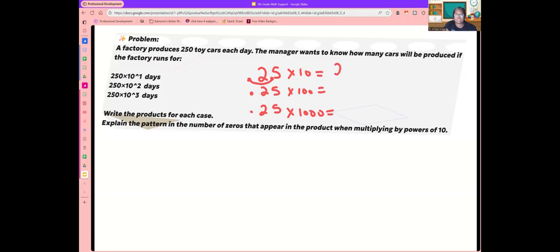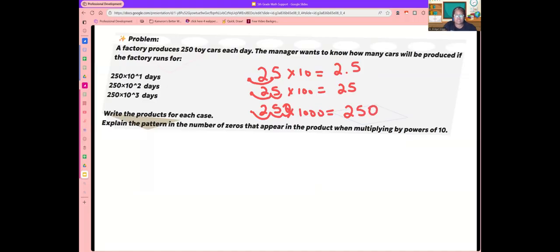That's going to change this to 2 5/10. This one has 2 zeros, so that's going to move it 2 decimal places. So this will change to 25. This one has 3 zeros, so this will move it 1, 2, 3 decimal places. We'll use a 0 to fill in that extra space. So that means this would be 250.